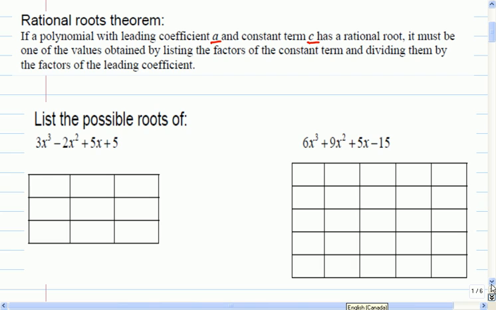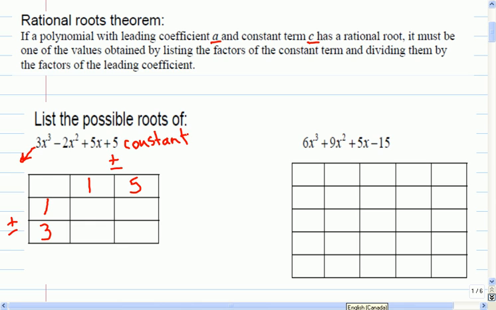I'm going to take a look at the factors here. Okay, the factors of 3 could possibly be a 1 or a 3. And remember, it would be plus or minus because we've got to include them all. If I was dealing with 5, the factors would be 1 or 5. And again, they could be positives or negatives. So what I've done on this top row, this is the constant term here.